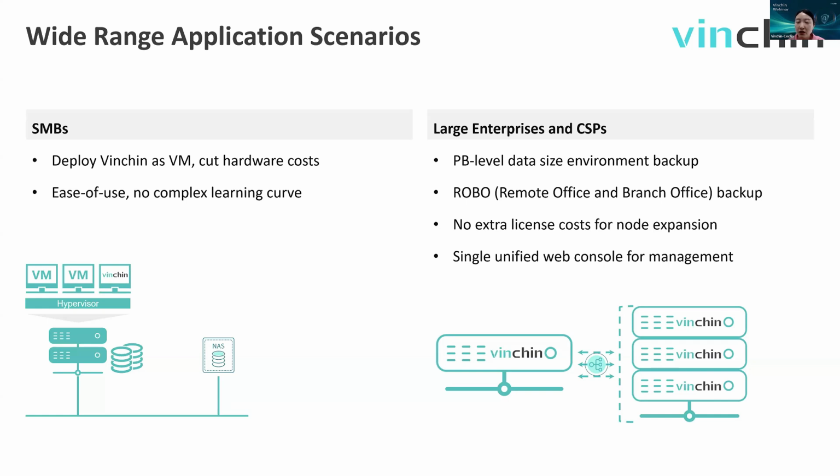Then you can do all the backup jobs and management work on the single unified backup web console, which is really easy and convenient to operate. And also, there are no extra license fees for the node expansion. So this is also a really cost-saving solution with a universal license for all the jobs.